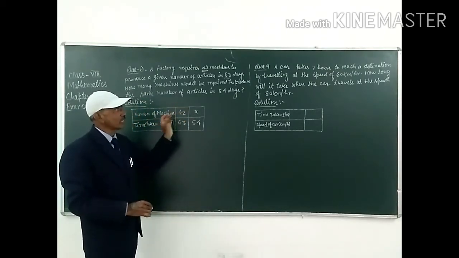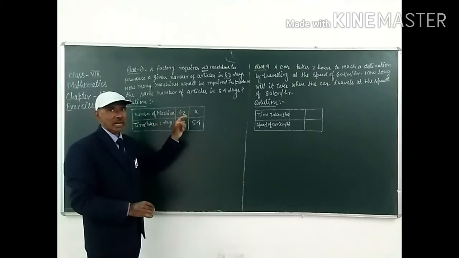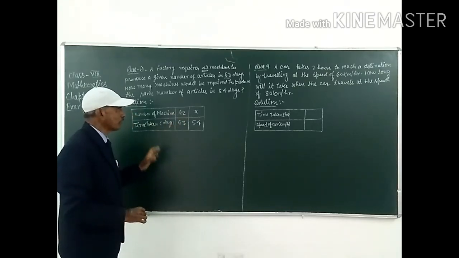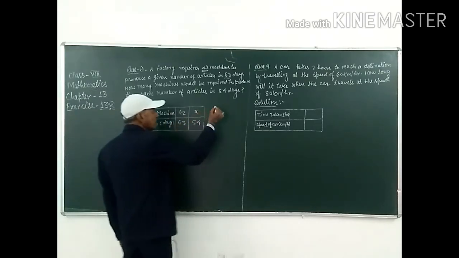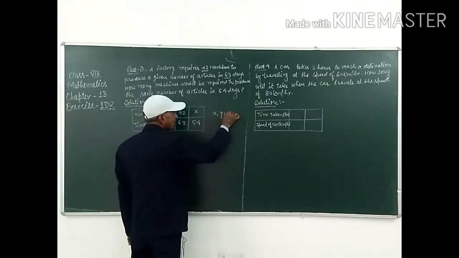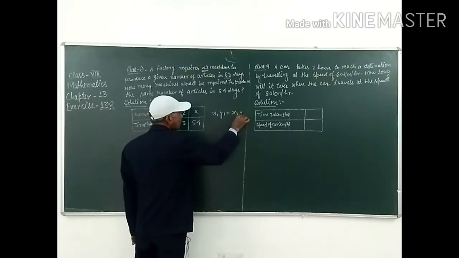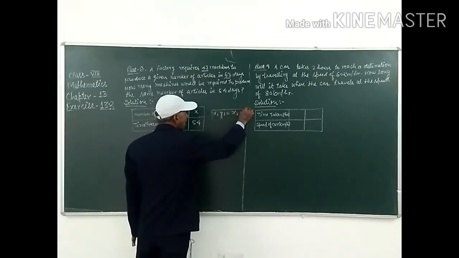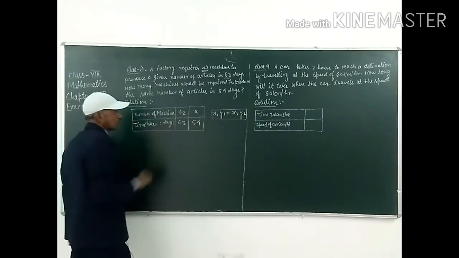As the number of machines and the number of days are inversely proportional, we have to use the formula for inverse proportion in this question, and the formula is x1 y1 is equal to x2 y2. We have to use this formula in solving this question.